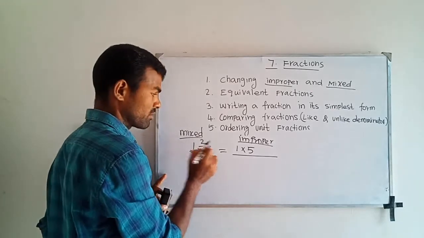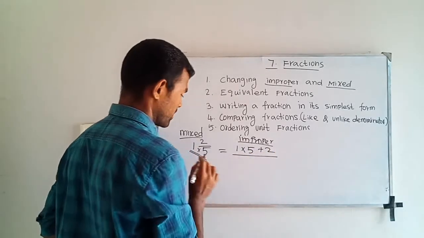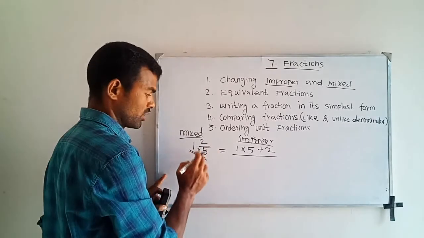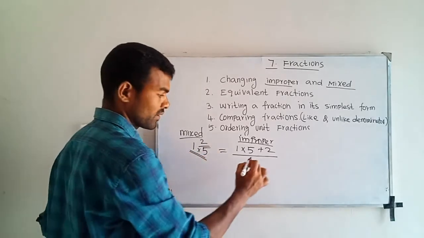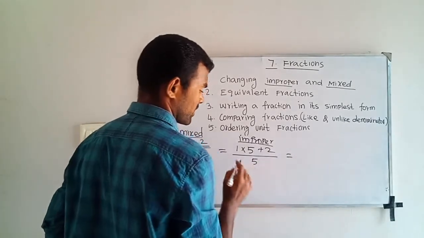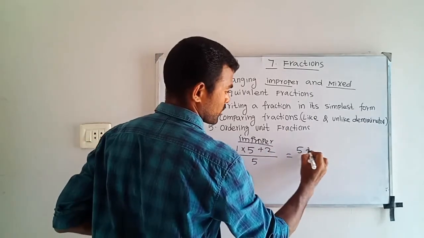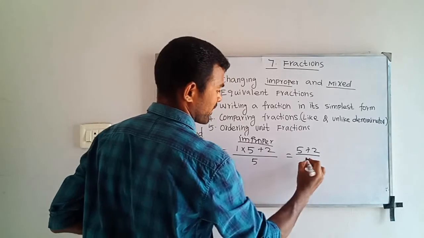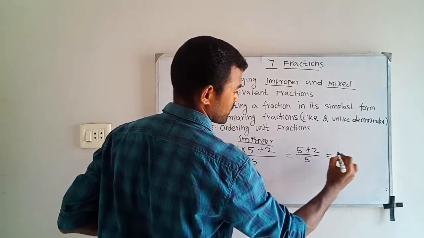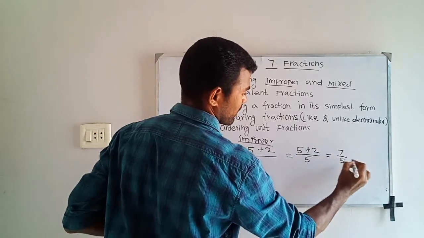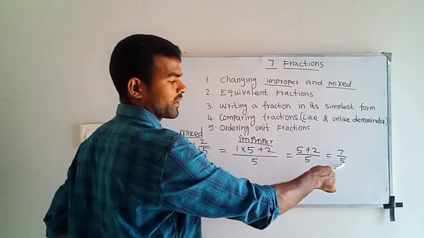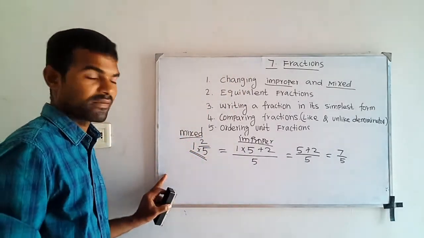Plus 2, divided by the denominator, which is 5. So 1 times 5 is 5, plus 2, divided by 5. 5 plus 2 is 7 by 5. Yes, this is the answer. 7 by 5 is the improper fraction.